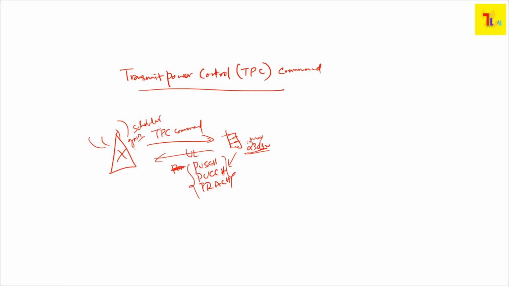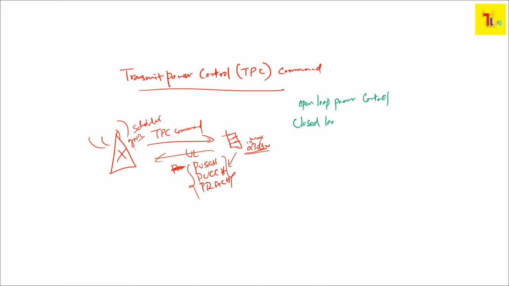As you know, when you talk about uplink power control, there are two types of control: one is called open loop power control, and another is called closed loop power control.